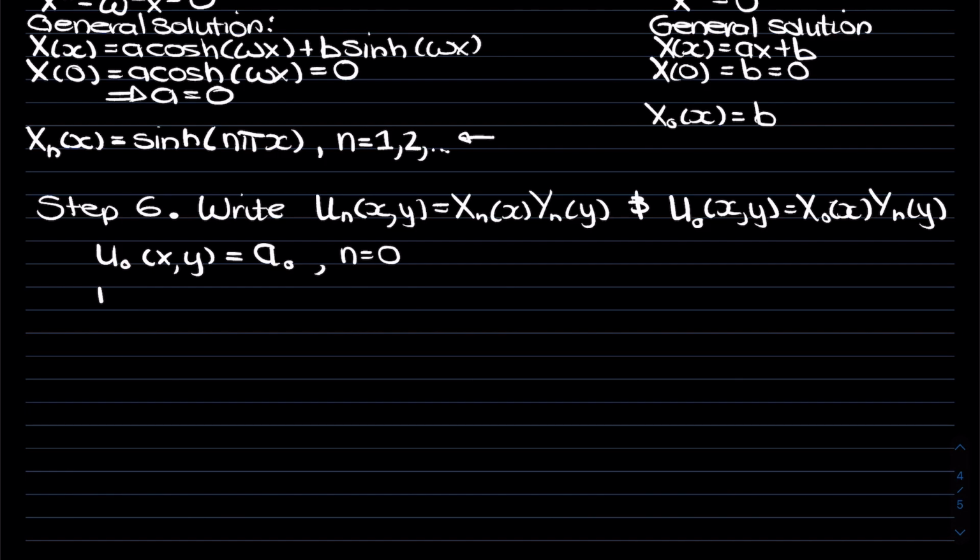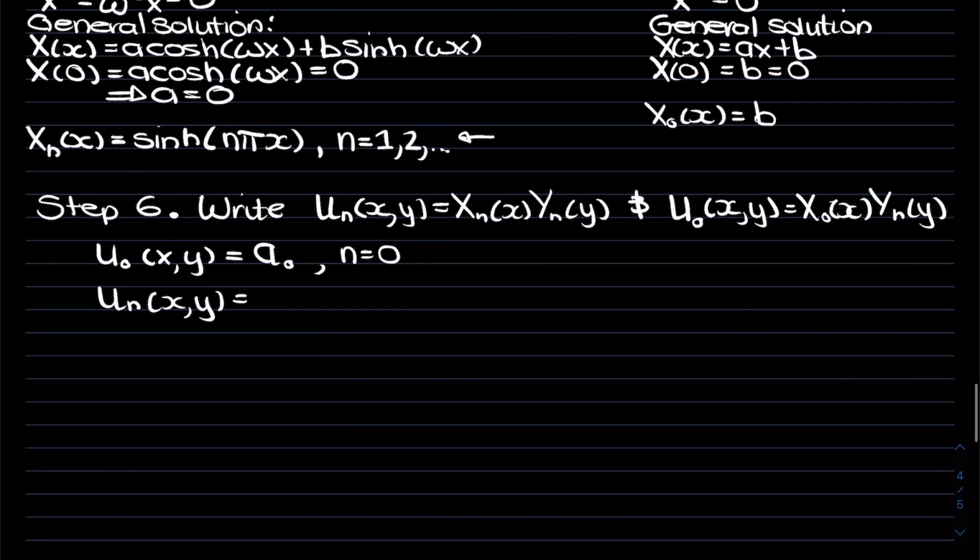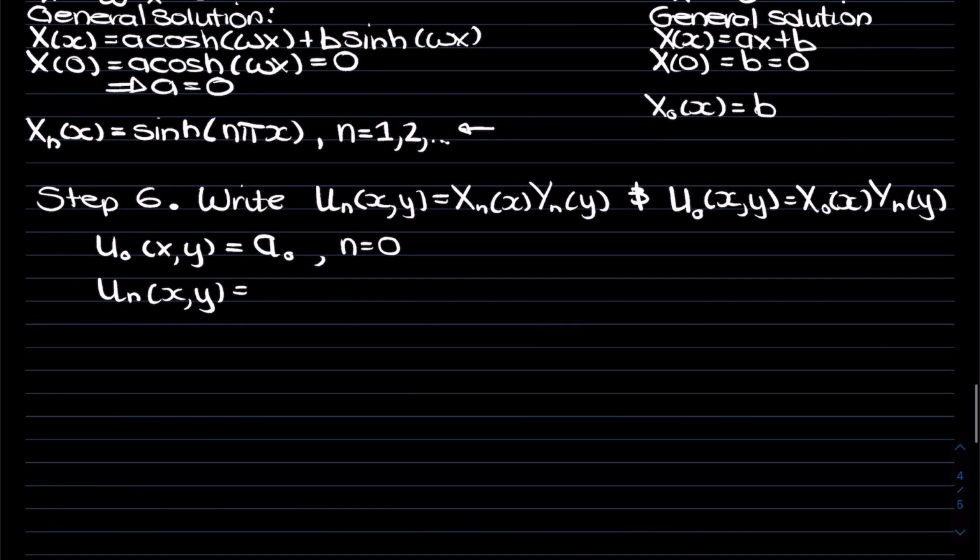Now for our u of n case, x, y, we're going to get the cosine multiplied with the hyperbolic sine, so we're going to get cosine n pi y multiplied by the hyperbolic sine of n pi x.